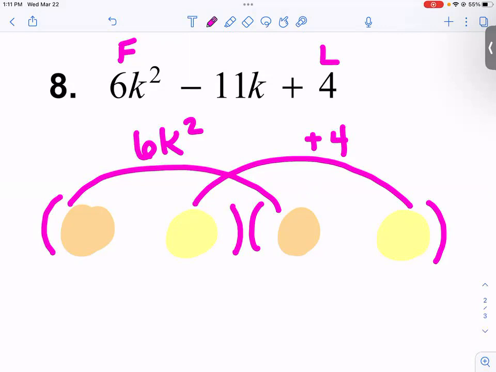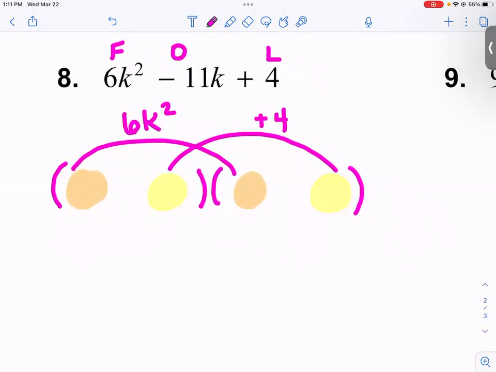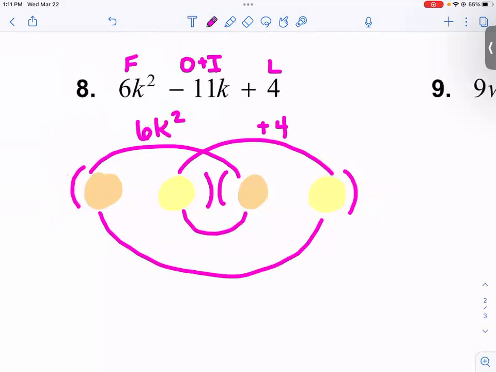Now, this term right here is the O plus the I. So our outside plus our inside need to combine together to be -11k.